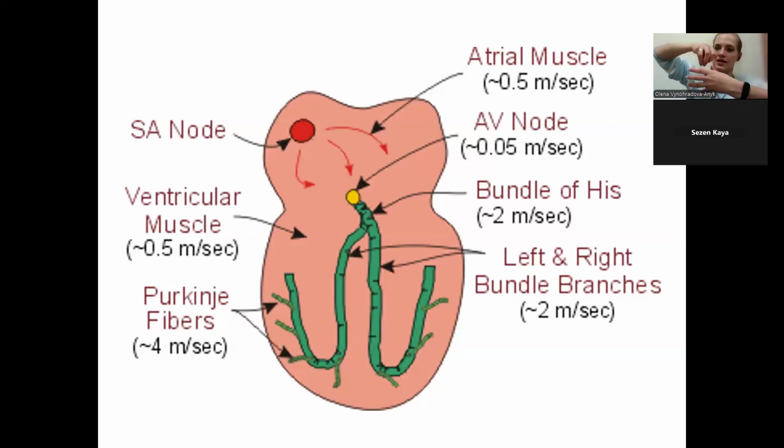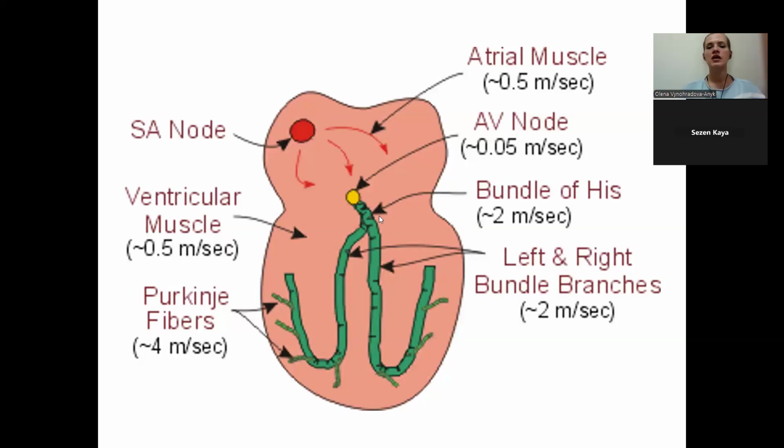First, the atria contract, after that the atria relax, and at the same time the ventricles begin to contract. It is important for us that this procedure happens first, then there is a small delay so the blood can finally be pumped to the ventricles, and only after that we have contraction of the ventricles. That's why we have the delay in the AV node.